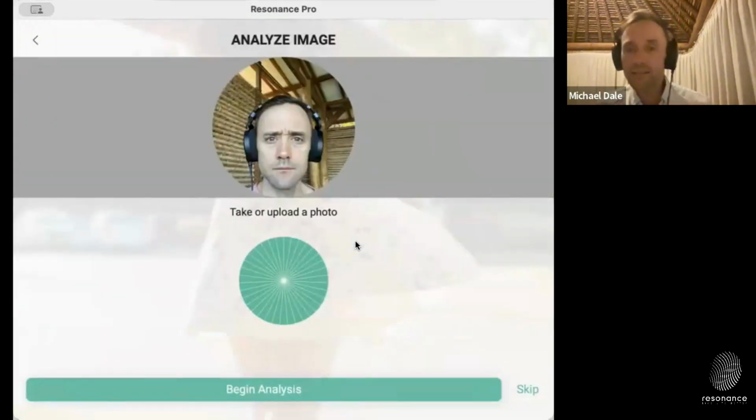Now we're at the next section, which is analyze image. Now, in this section, you can upload a picture of yourself or your client, and that makes it much easier for you to obviously identify who people are when you're looking through your client records, especially if you have a lot of clients. And then what I'm going to be doing is I'm going to be analyzing my voice again by pressing begin analysis.